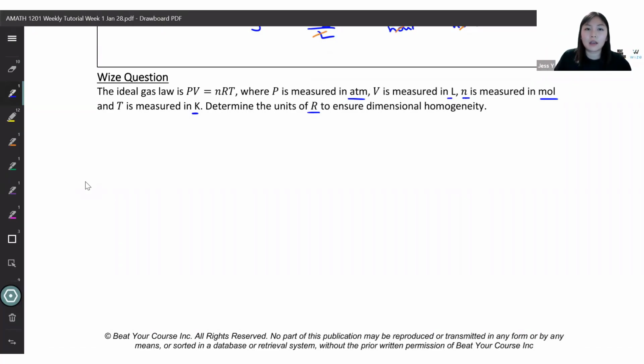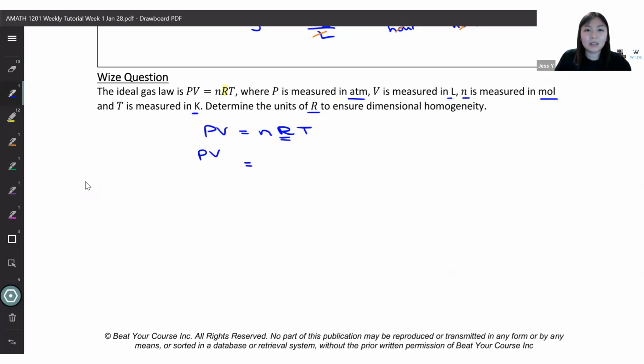So in this case, what you're going to do if you're asked to figure out the units of something, solve for that variable in your equation, okay? So let's go ahead and solve for that. We have PV equals nRT. I want to find the units for R, so I'm going to get rid of everything else, meaning divide both sides by nT, right? We want to get rid of them.